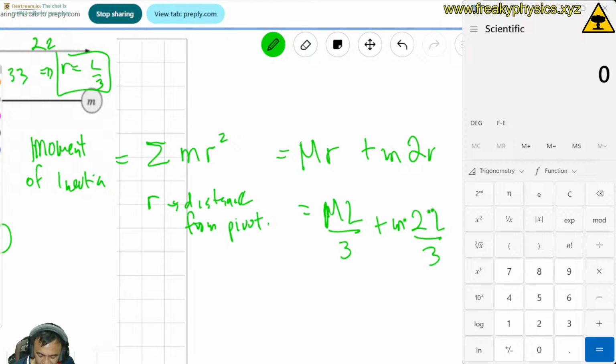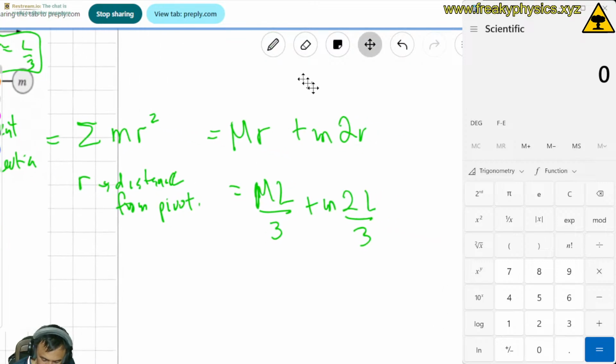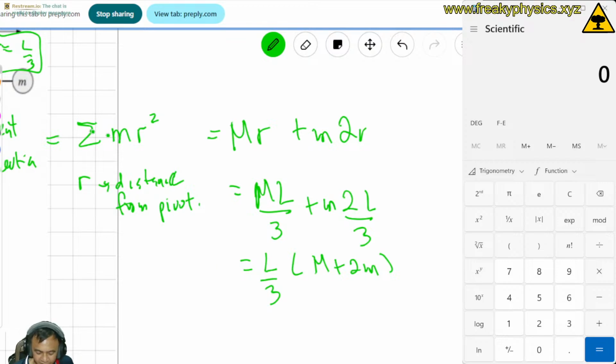We can factor out the L over 3, and we get L over 3 times (M plus 2m). That's our final answer. Do we have a choice like that right now?